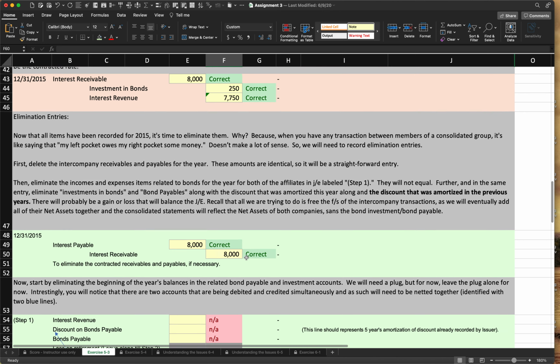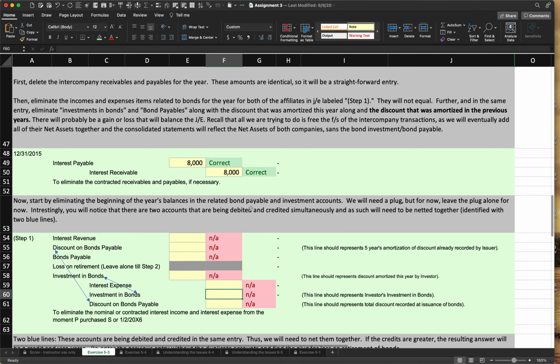Remember the 250 that we did. We'll deal with that in a second. As well as what pertains to the subsidiary's accounts. So the subsidiary has a bond payable line we need to eliminate, discount on bonds payable, and whatever was the amortization this particular year in 2015.